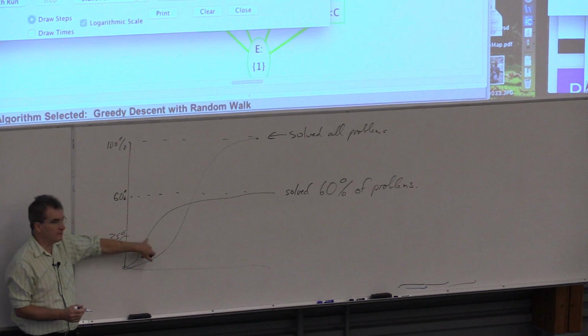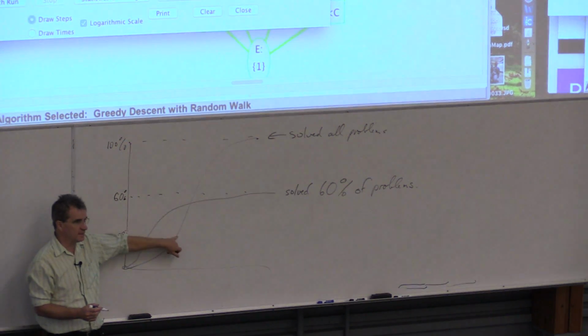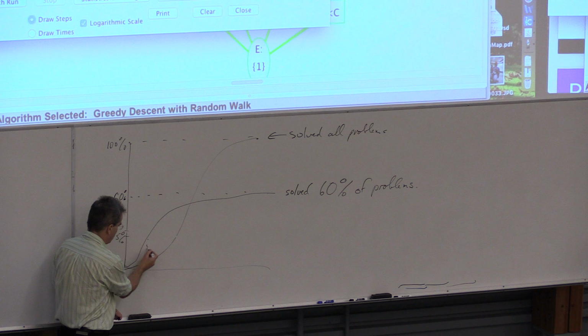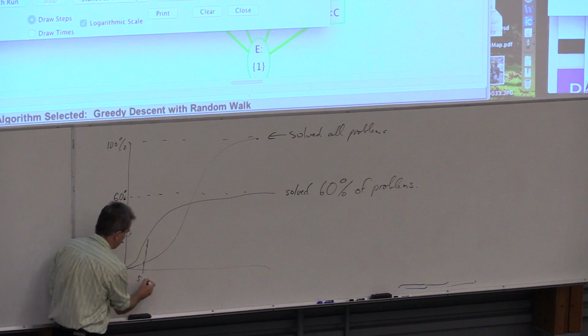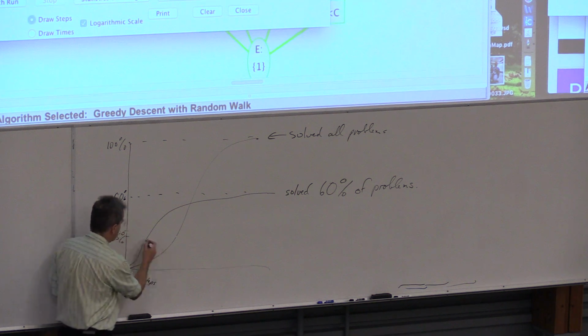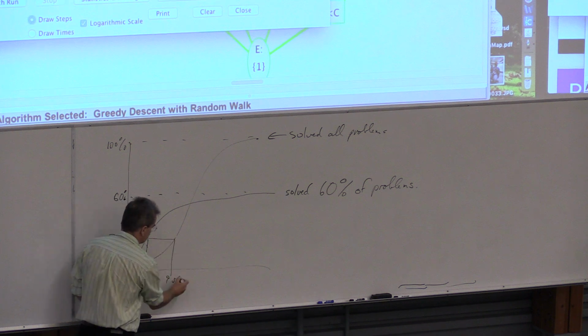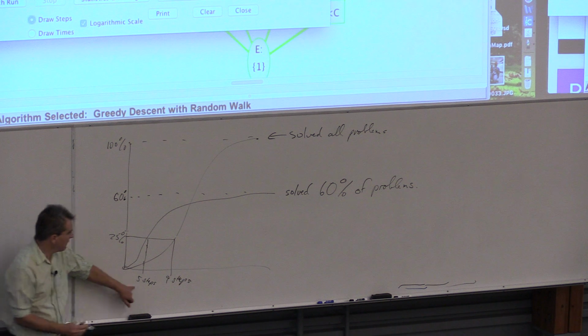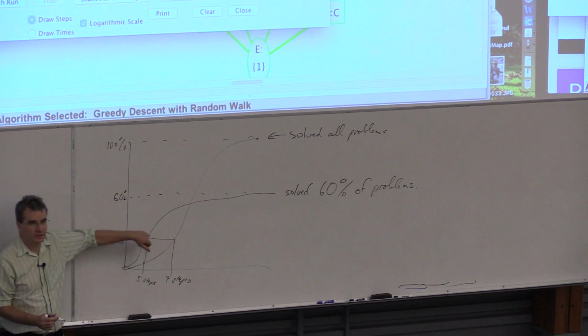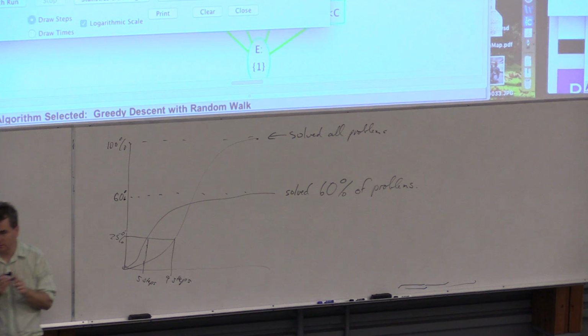This could solve 25% of them in 5 steps. This took 9 steps. Okay? So this is the number of steps it takes to solve 25% of the problems.